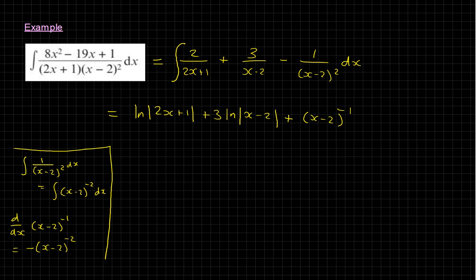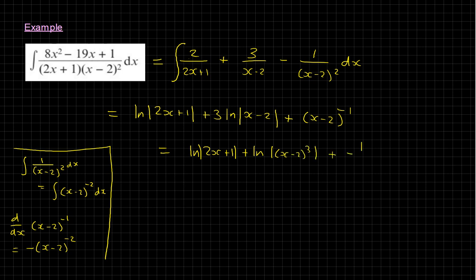And then we just need to do the final combining of the logarithms. So that's equal to ln of 2x plus 1 plus ln of x minus 2 cubed plus, and let's just rewrite this as 1 over x minus 2 rather than having minus 1 power.